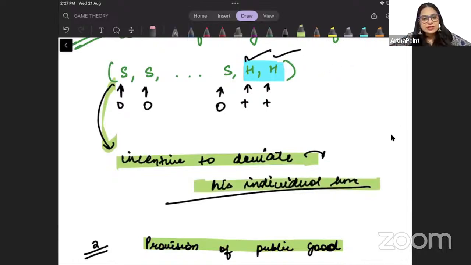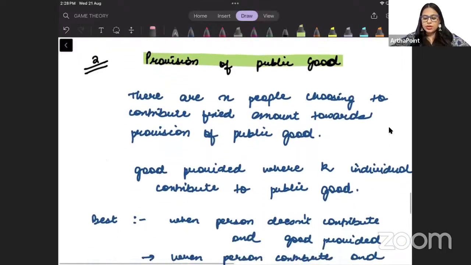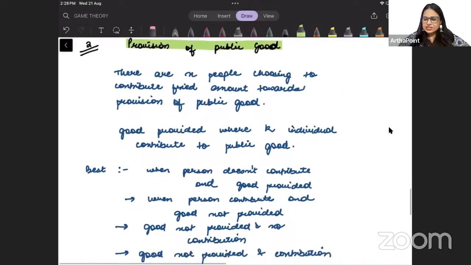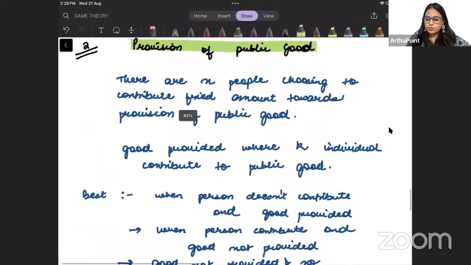Is this making sense? So this is the multiplayer game that I am talking about. ठीक है, this is called as many player Nash equilibrium. ठीक है. Let us go ahead and let us take another example of many player Nash equilibrium, beta.